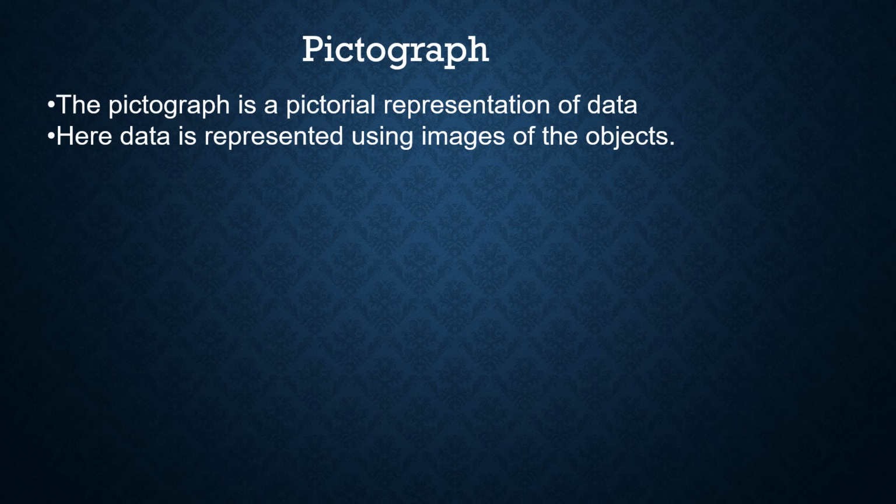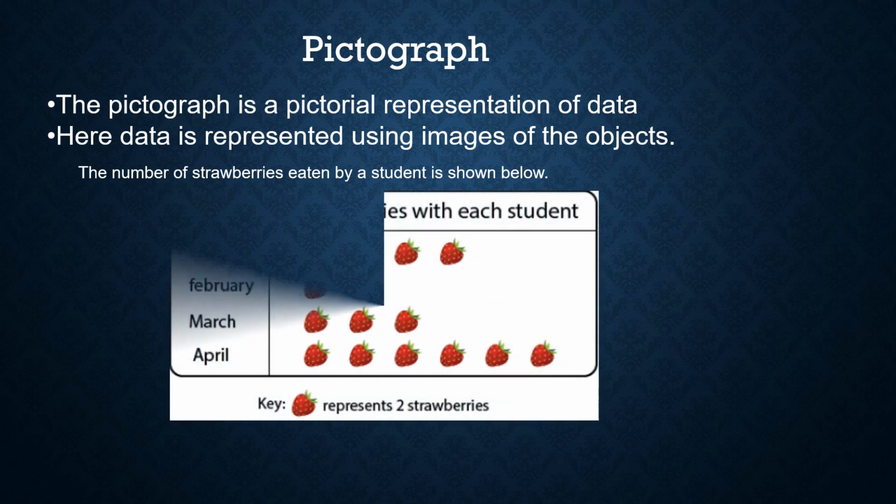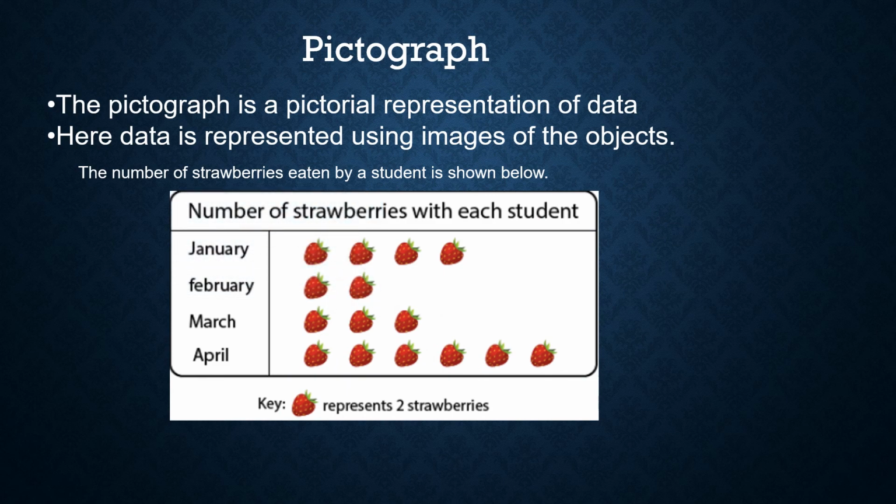For example, the number of strawberries eaten by a student is shown below. Here, in January, 4 pictures are shown. Under the table, it is represented that one picture represents 2 strawberries. Therefore, in January, 4 pictures are shown here. Therefore, 4 into 2, 8 strawberries are represented.